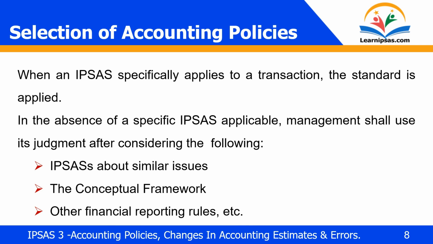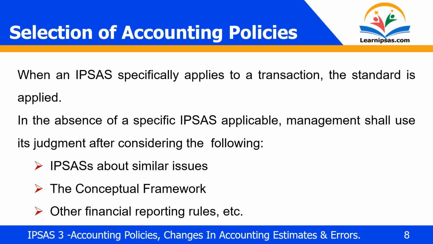So there is a hierarchy. You look at similar IPSASes. How does that IPSAS handle other similar issues? If there is no IPSAS or IFRS, you go to the conceptual framework.